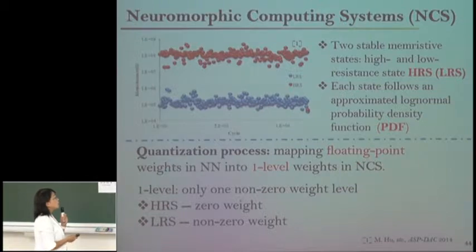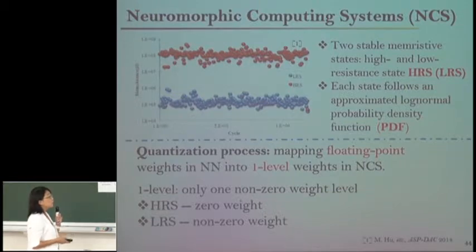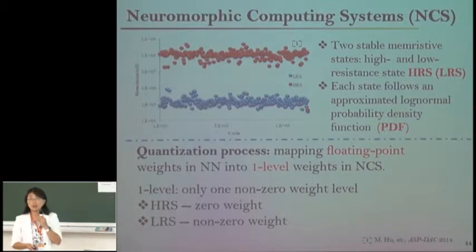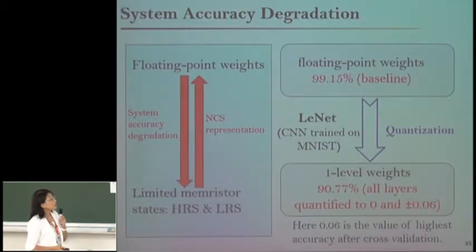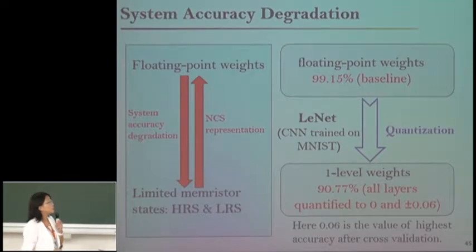So in this work, we try to analyze the quantization process. Essentially, how do we optimize mapping the floating point weights in the original algorithm to 1-level weights in neuromorphic computing systems? What's very obvious is that if we simply map floating weights to either high or low, it shows quite significant information loss.